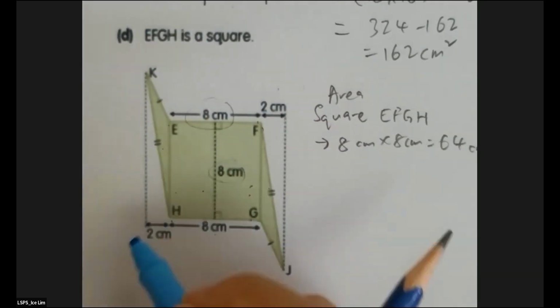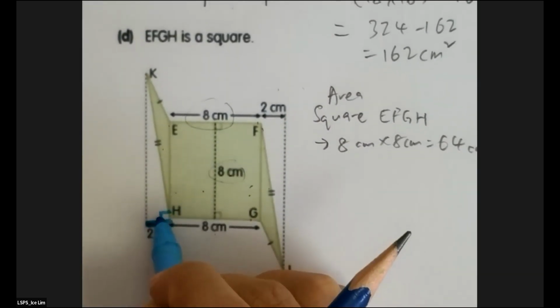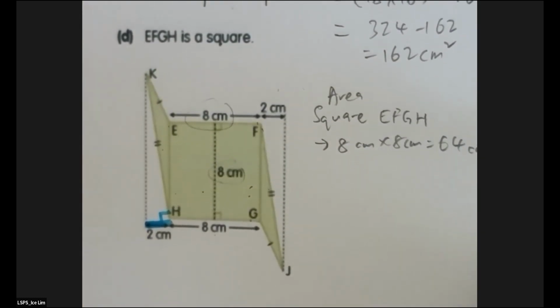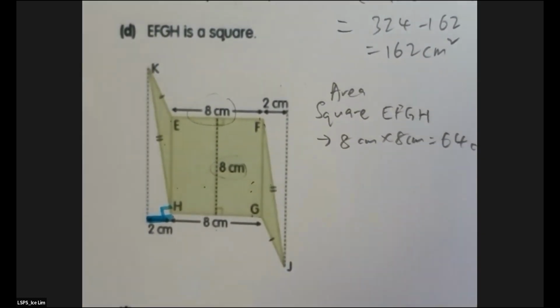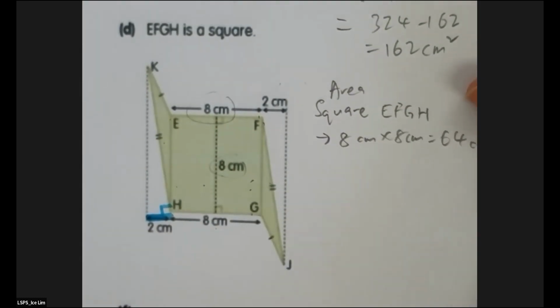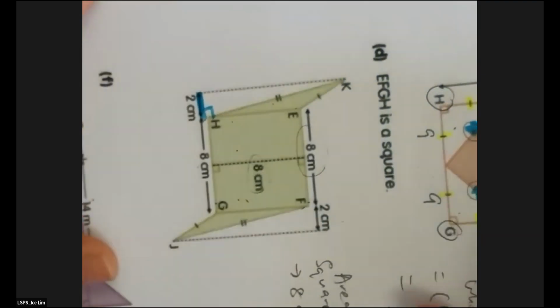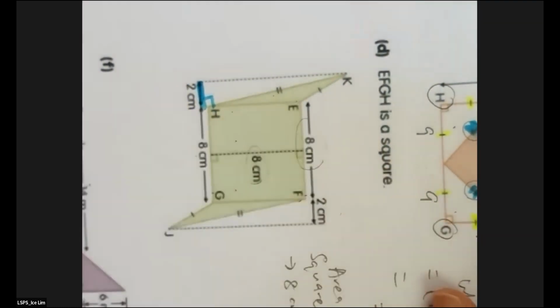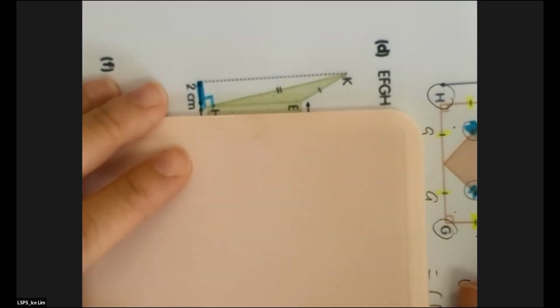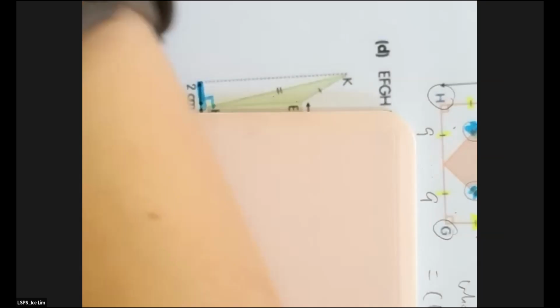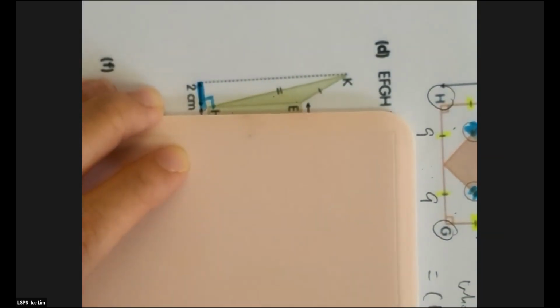Can you see? If I call this the height, there's a right angle here. What's the base? Can see or cannot see? Cannot see, then you turn around. Let me block this for you. Can you see the triangle? Now, can you see where the base is? Is it better?